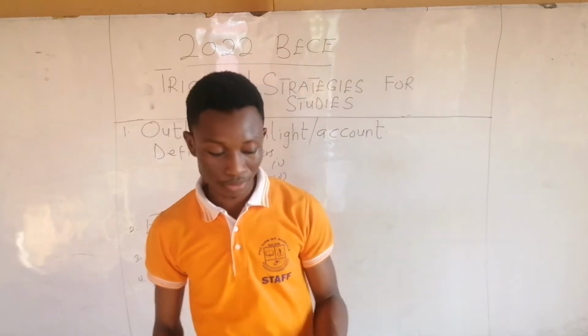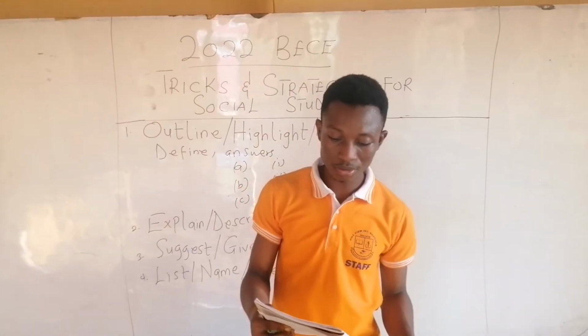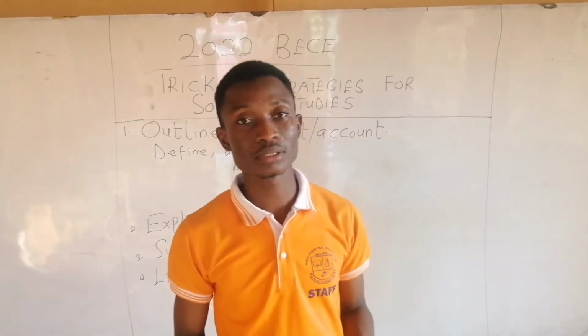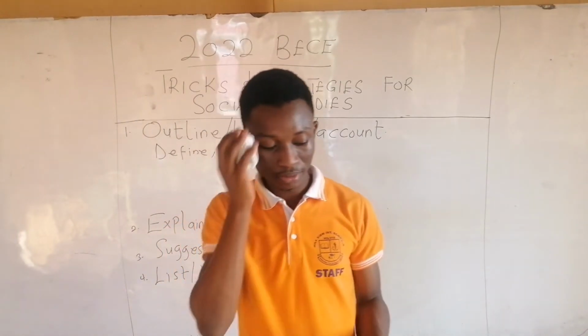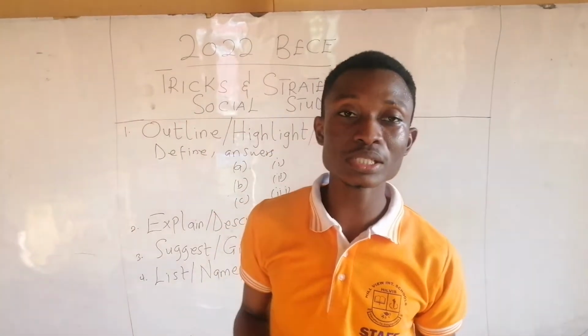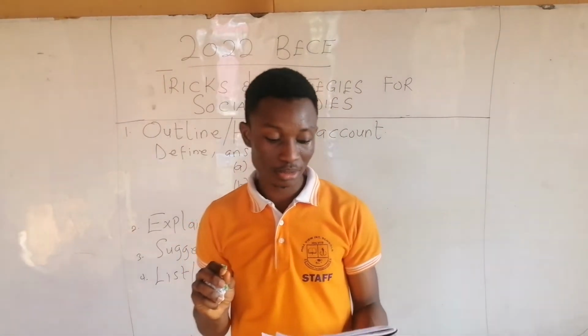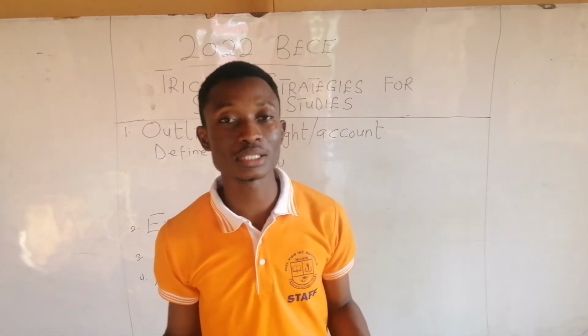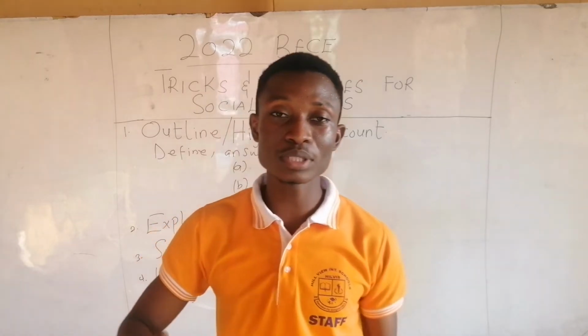Now good to go. The next one talks of state or mention. Here, you answer the questions in a simple sentence, with a simple explanation. You give examples if any.